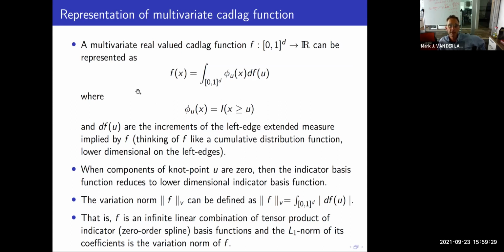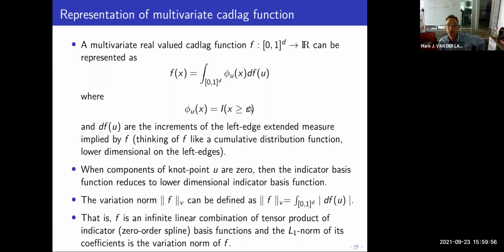So that's what we did with the highly adaptive lasso. So what's the idea there? That we say any function of, let's say, d variables, x1 to xd, can be written in this representation. And this is nothing else than an infinite linear combination of this basis function. This is an indicator. It's a function of x, and it has a knot point u, and it is the indicator x bigger or equal than u. But notice x is multivariate, so this is a product of indicators.